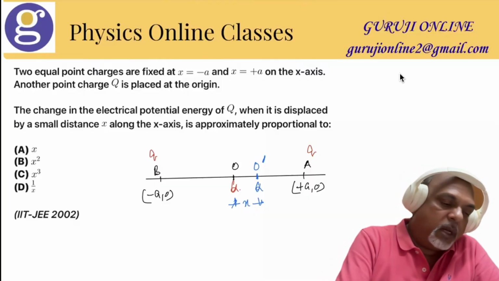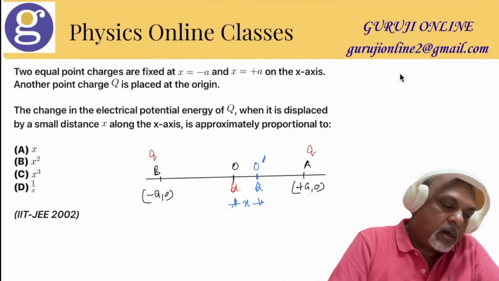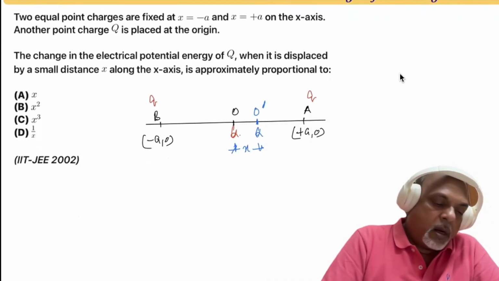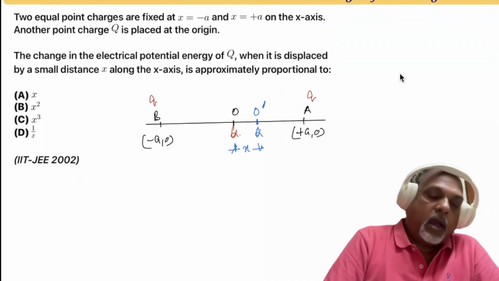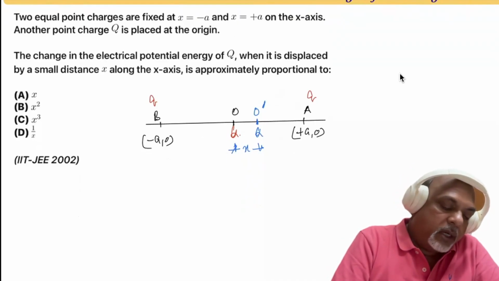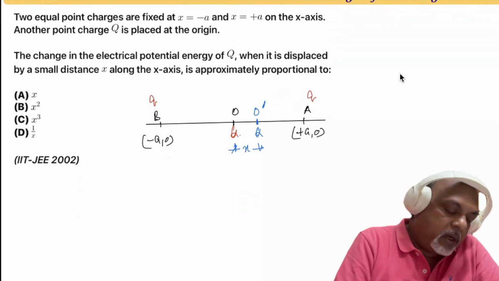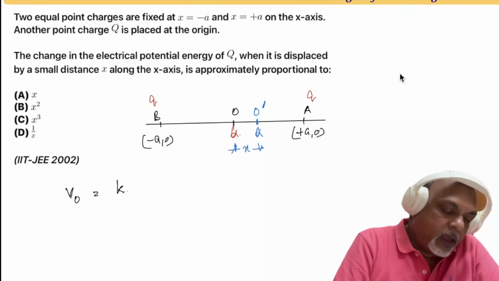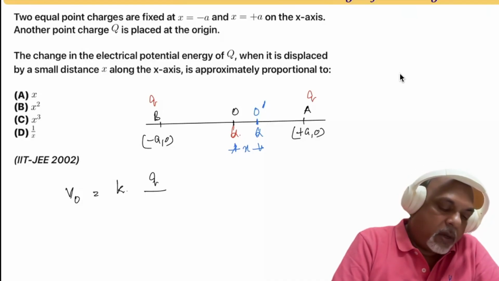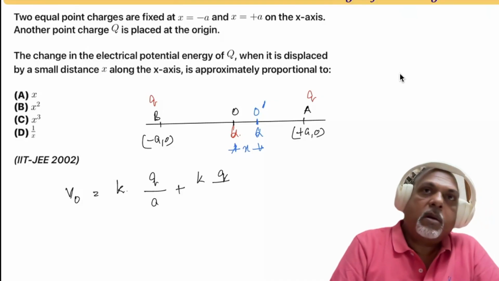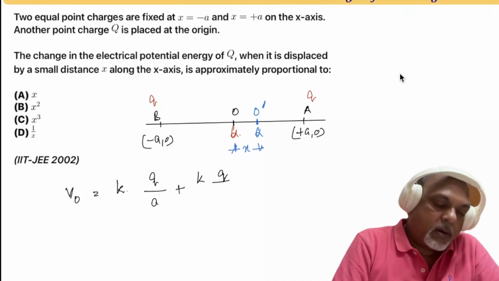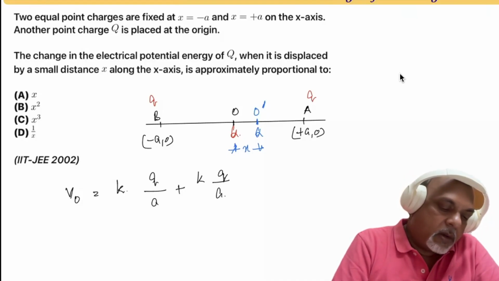Let us find out the potential at O initially due to the point charges at A and B. That is V_O, we can write, kQ upon a plus kQ upon a.